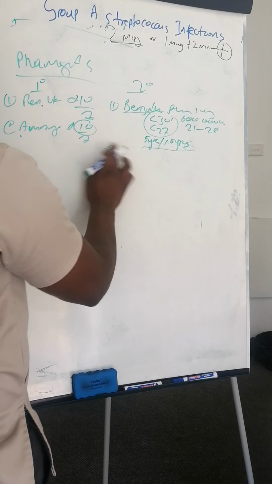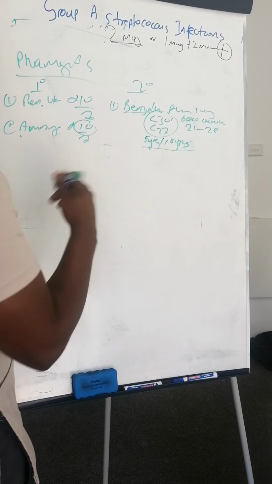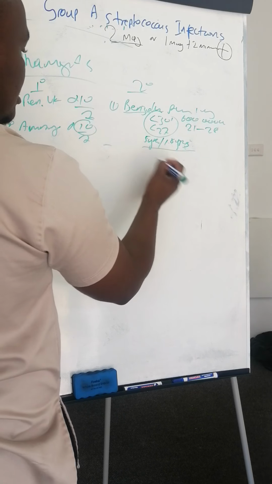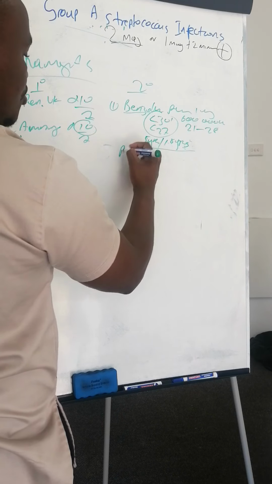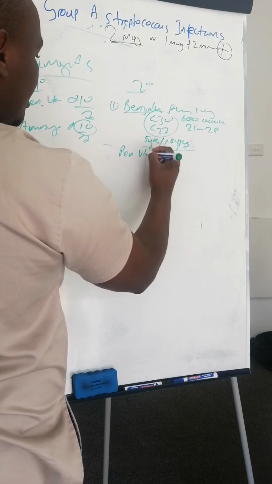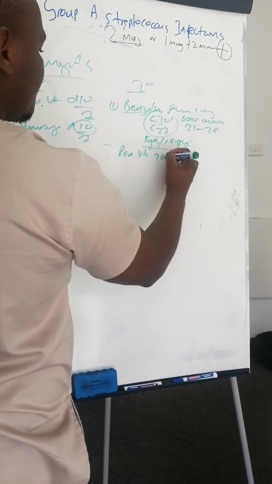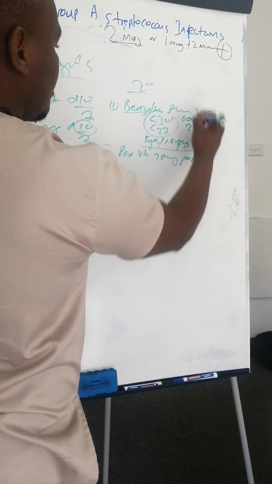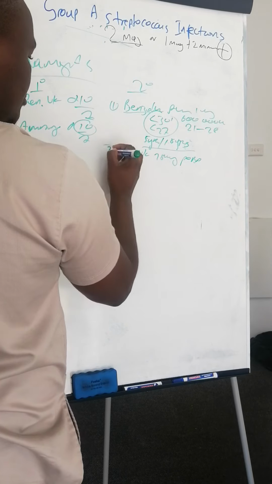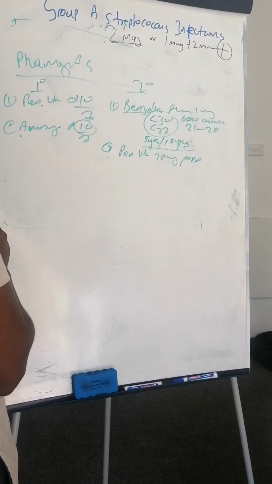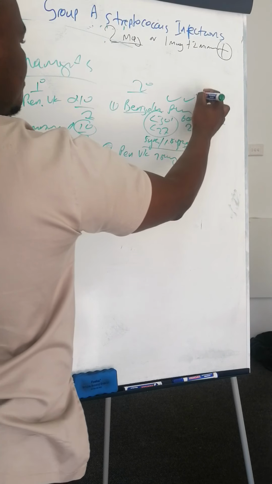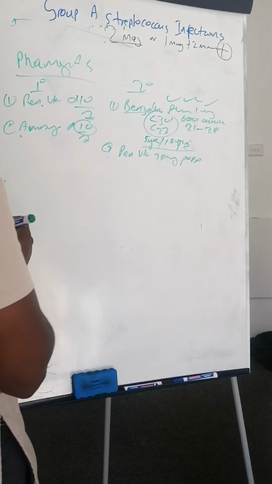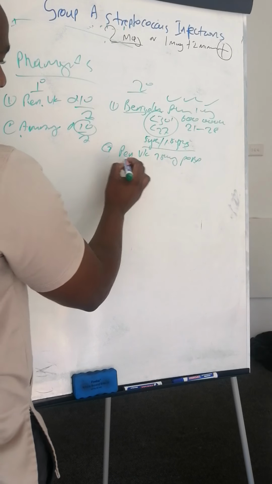So for someone who can't take benzathine penicillin, they are allergic, another choice is PenVK, 250 milligrams per os BD, same duration. That's the second option. But it is advised that benzathine has a better outcome compared to the other drugs.